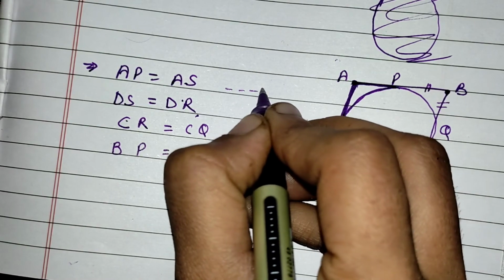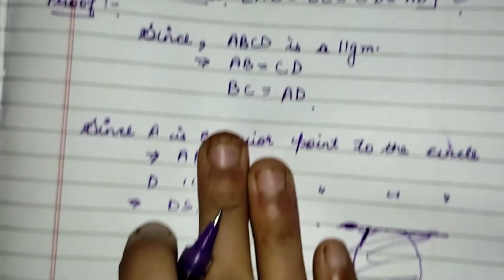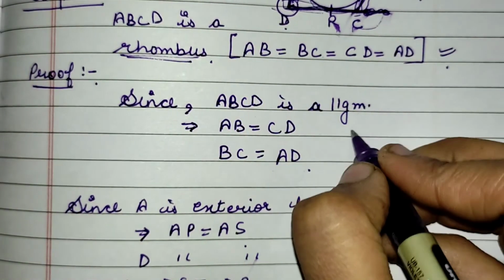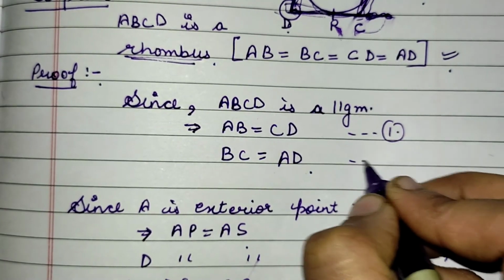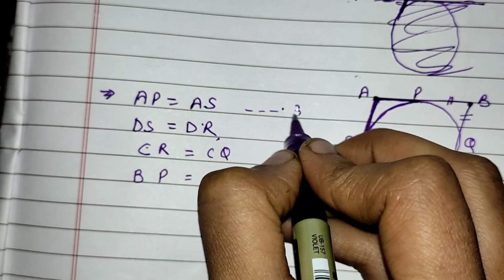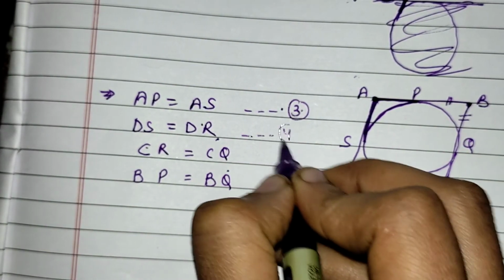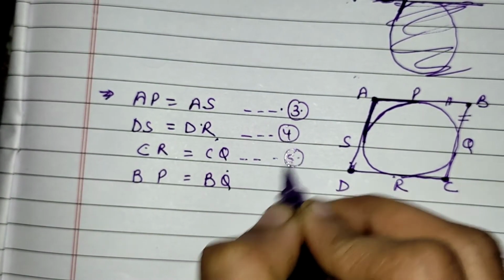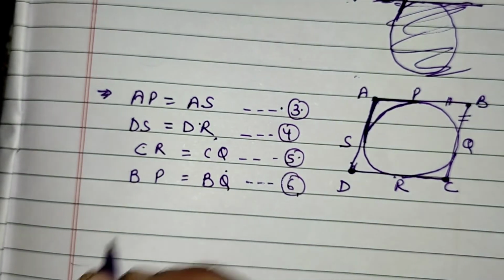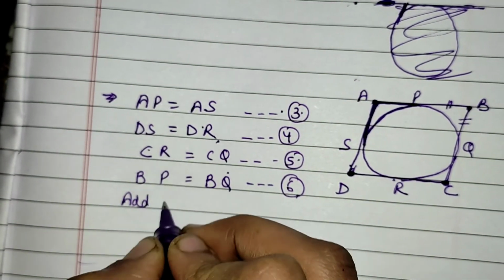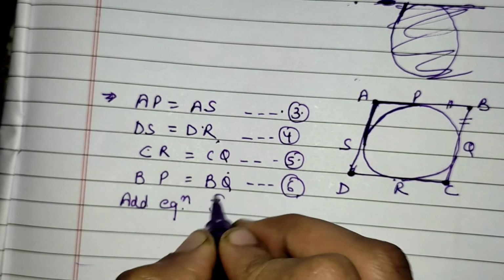So suppose this is our equation number 1, this is equation number 2, this is equation number 3, and this is equation number 4, 5 and 6. So add equation number 3, 4, 5 and 6.